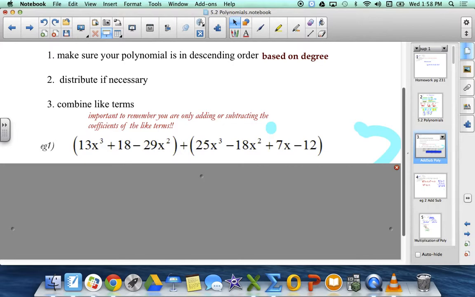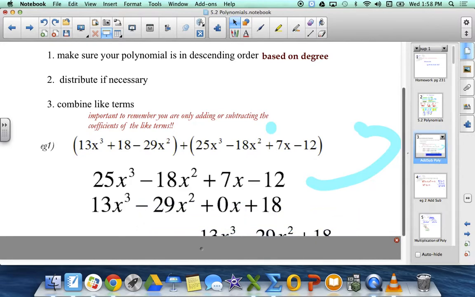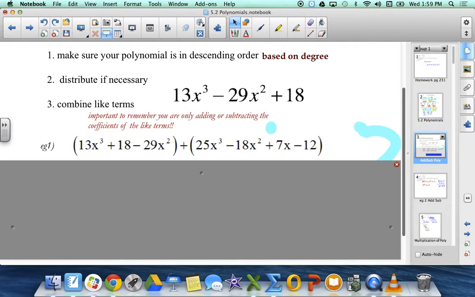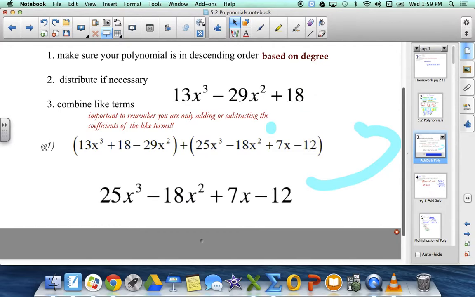So you'll notice the first polynomial is not in descending order. So how are we going to put it in descending order? Alright, so we'll change the order of it, and we get 13x cubed minus 29x squared plus 18. The second polynomial is in the correct order.